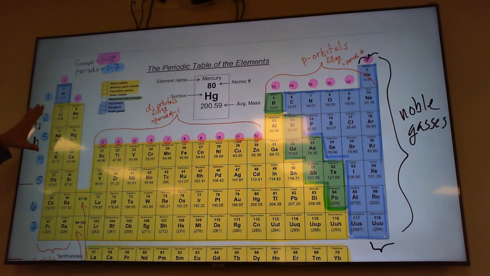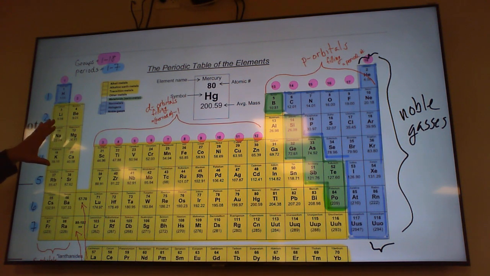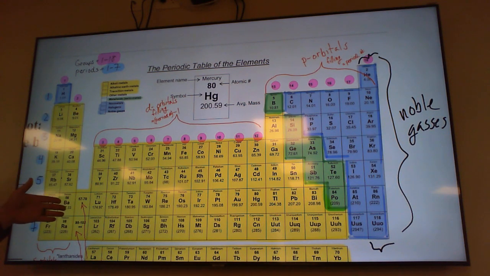This is going to be your highest s orbital. Because it's all s1, every element in group 1 is going to have one dot. Group 2 elements all end in s2. Because your s orbital is always the highest principal energy level, every element in group 2 is going to have two dots.